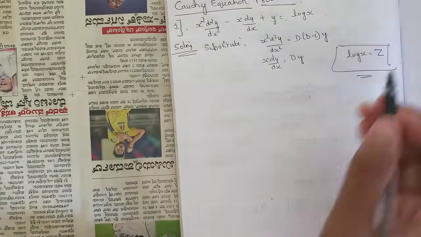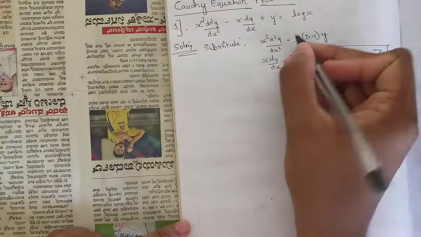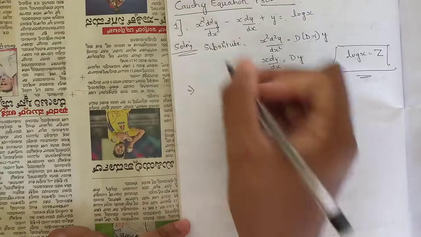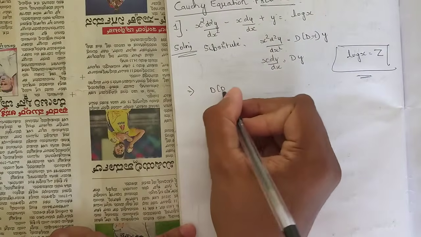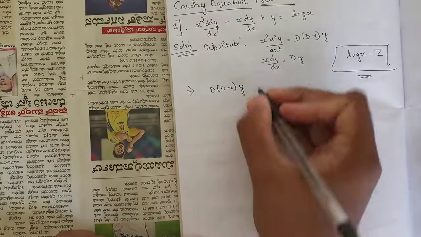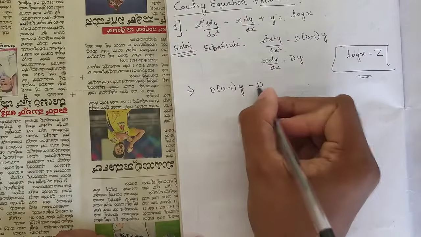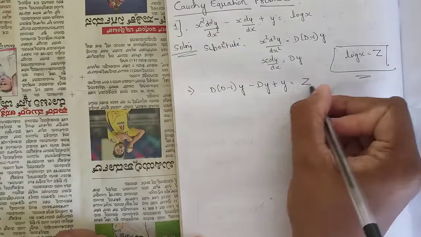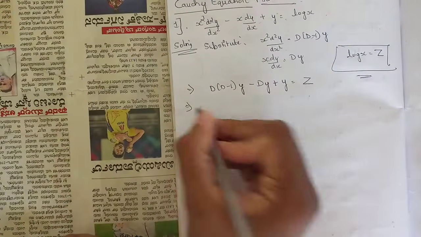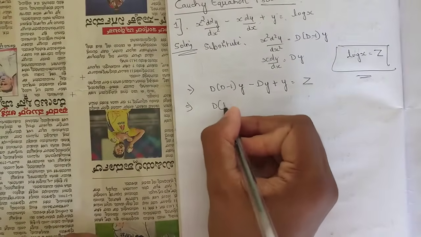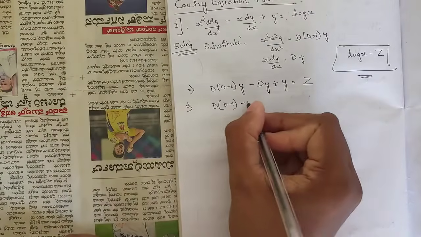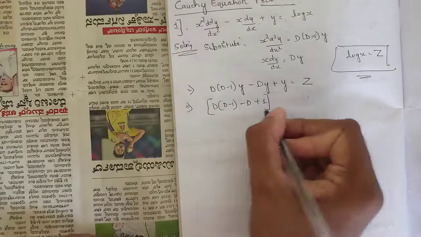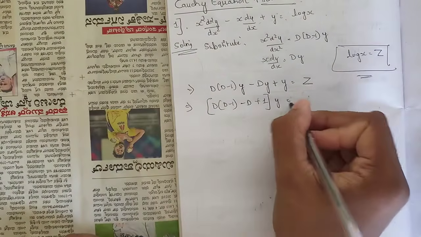After these substitutions, write the terms that you have substituted first. That is, D into D minus 1 y minus Dy plus y is equal to log x, which is equal to z now. So now D into D minus 1 minus D plus 1 into y is common, equal to z.